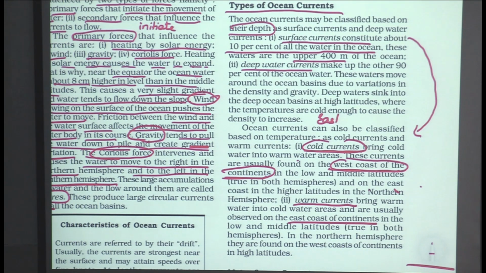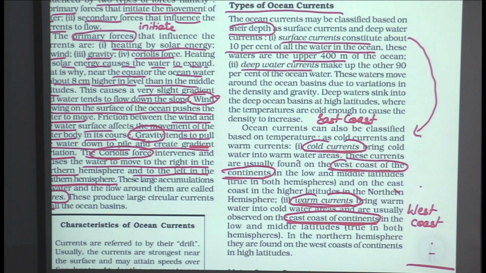East coast. And similarly, warm currents, which are on the east coast of continent, will be on the west coast of oceans. So just be very cautious with this expression, and I want to attempt it one more time.